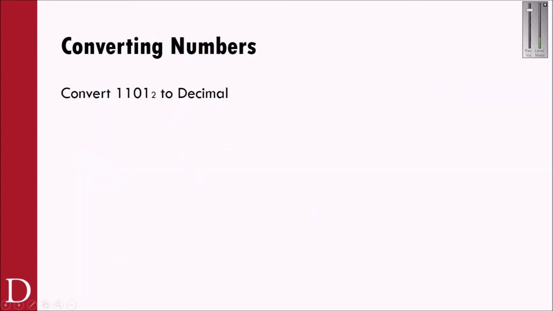All right, so let's talk about the basics of converting numbers. The first one we'll talk about is converting a base 2 number. This is what we call binary, base 2. When you want to convert that and look at what that number means in decimal, we take the number 1, 1, 0, 1, and take each of those individual characters: 1 times 2, that's the base, binary, to the power of 0.